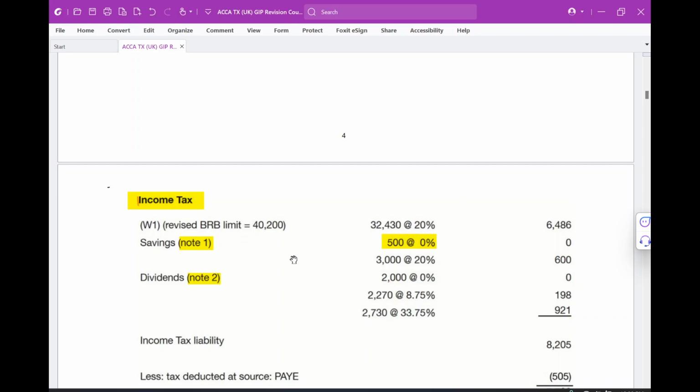Now, let's remember that the basic rate band was extended. Why was it extended? For the gift aid contribution. Remember, it was grossed up. So this isn't the normal basic rate band. We had 2,500 added to it. So this is what gives us the opportunity to have more income, in this case dividend income, taxed at a lower rate. We're taxing at 8.5% rather than the higher rate.